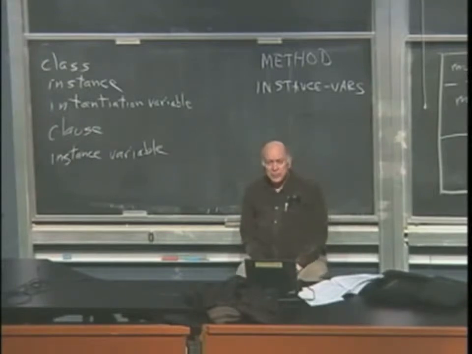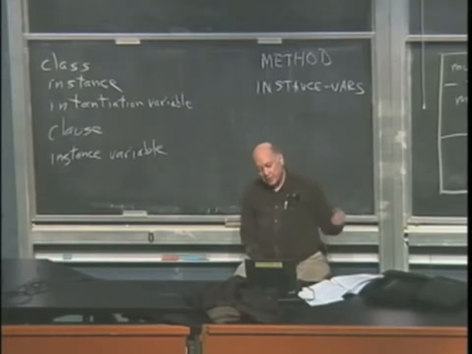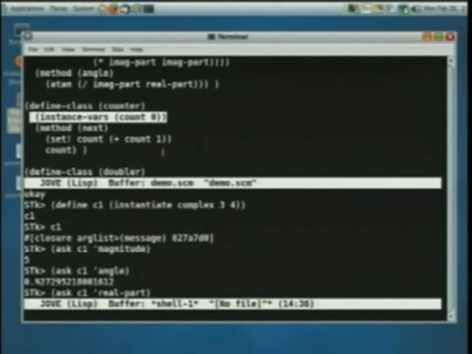The difference is, where does this variable get its initial value? When we create an instance, how do we know what the value of real part is, or how do we know what the value of count is? For instantiation variables, the values come from the call to instantiate. So back here, when I made the complex number C1, that's when I said what the value of real part and imaginary part should be.